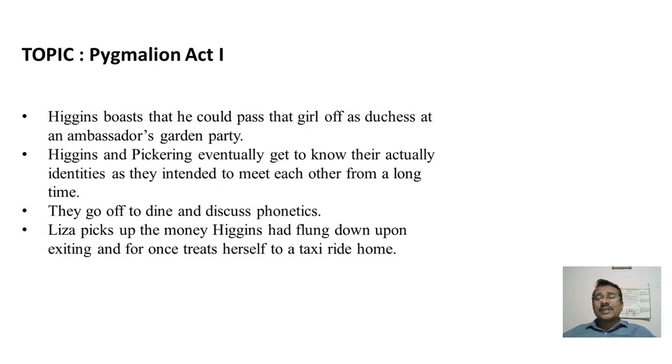They wanted to meet each other and are eager to share their ideas on language, because Mr. Higgins is from an English background and Colonel Pickering is from a Sanskrit one, as they worked on the phonetics or sound system of the language. And they go off to dine and discuss phonetics later on.